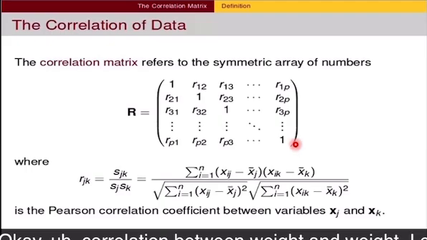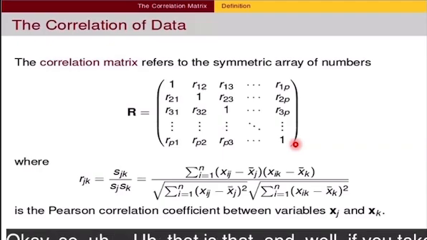I expect weight to be perfectly correlated with itself, and that's why you have 1, 1, 1, 1 in the diagonal of a correlation matrix. In the off-diagonal, that's where you have the correlation between pairs of variables. Does that make sense?